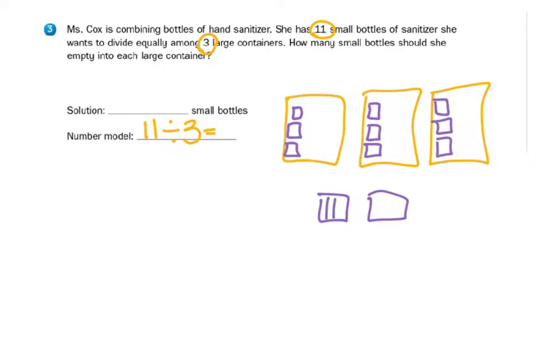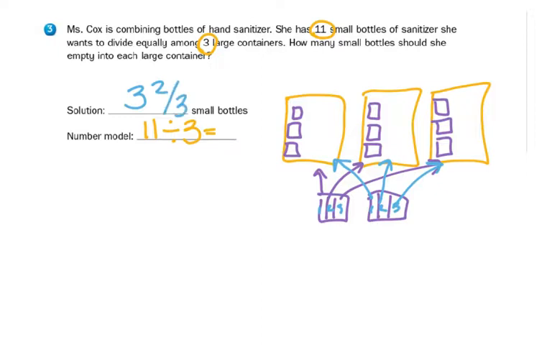So I'm going to divide these into thirds. So this one will go there, that one will go there, that one will go there. This will go there, that will go there, that will go there. So I have 3 small bottles in each larger one. And then 1, 2, 3, 1, 2, 3. 3 and 2 thirds.